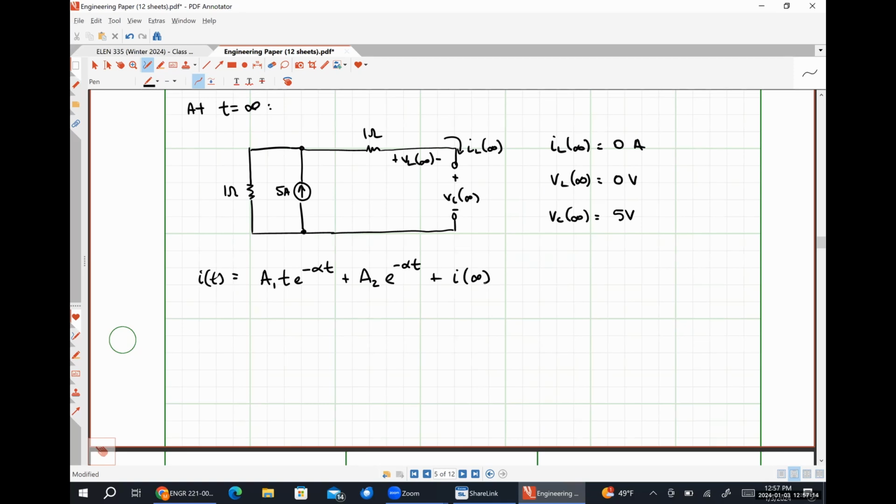Okay. I at 0 plus is then just going to be A2 plus I at infinity, because t at 0 is going to make this whole term go away. Right? So we should be able to directly solve for the quantity A2 here, right? So I at 0 plus was 0, I at infinity was also 0, so it seems like A2 is 0.